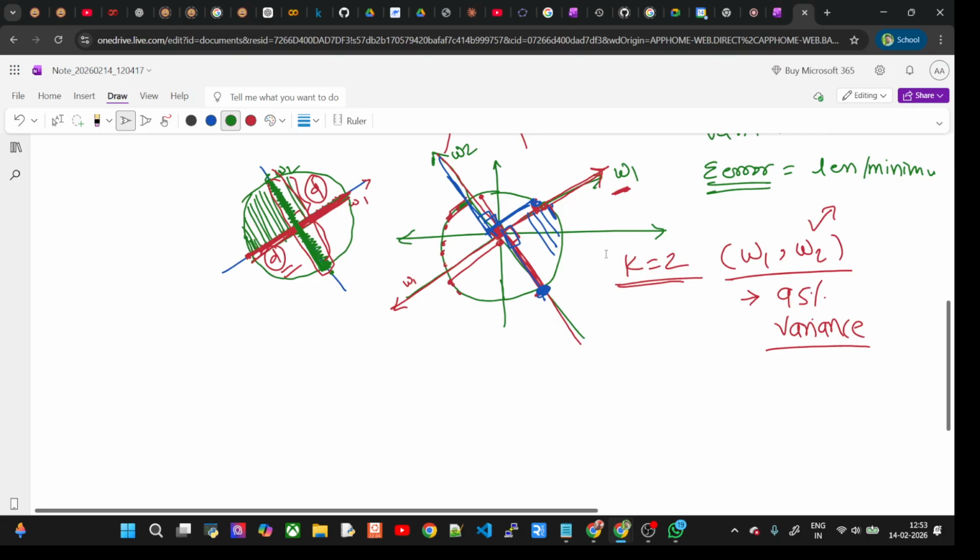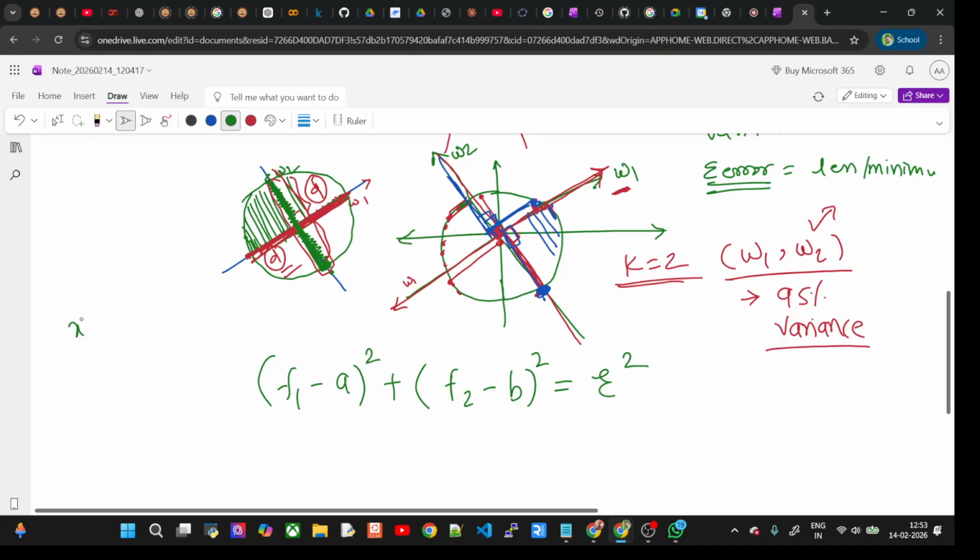So here, now this is like a circle. What we are now seeing is a circular relationship. The features whatever we are showing have this kind of relationship: f1 minus a whole square plus f2 minus b whole square equal to r square.